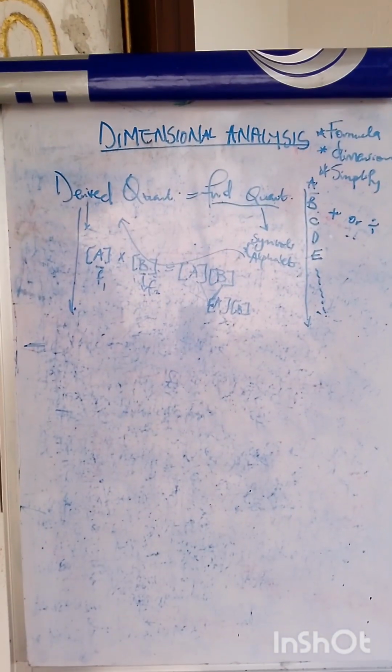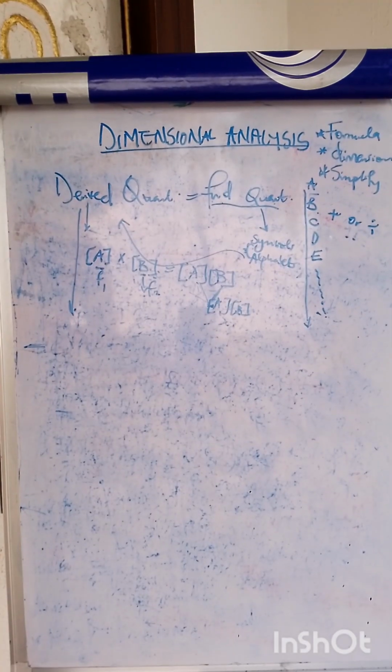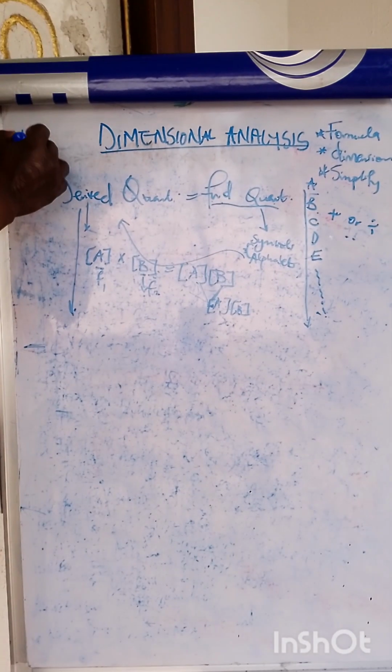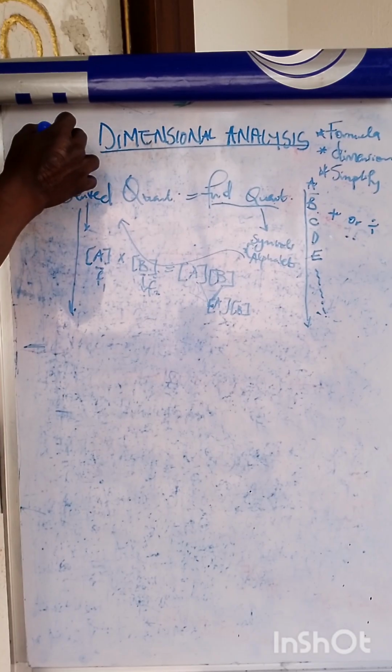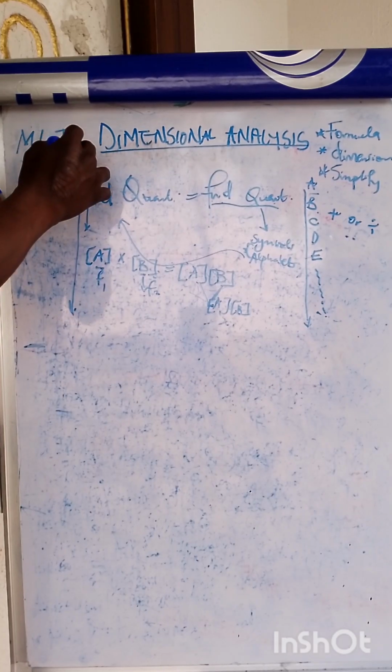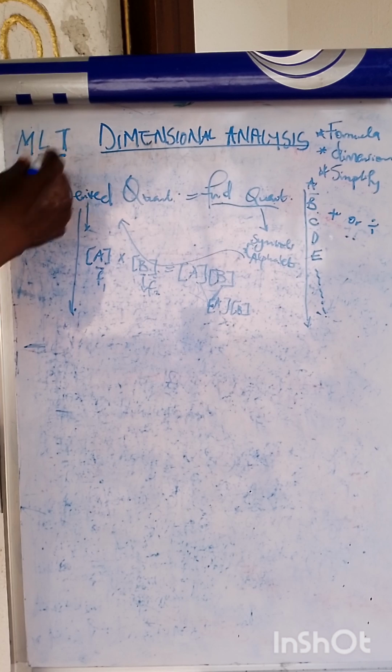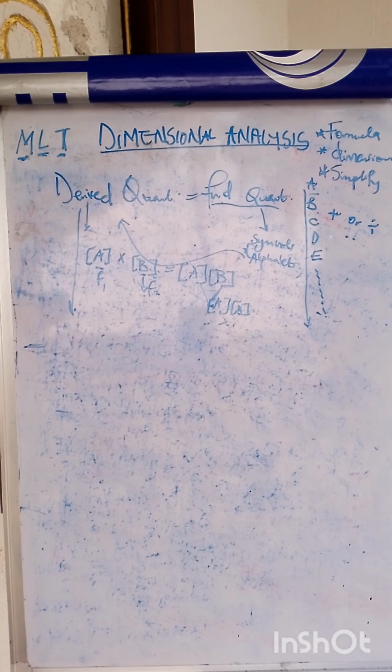And you should not forget our basic quantities, which I gave as M, L, T. Are you with me? That's your MLT. You should never forget this, because this is what we'll be working with the most, and as we progress, I will show you more.